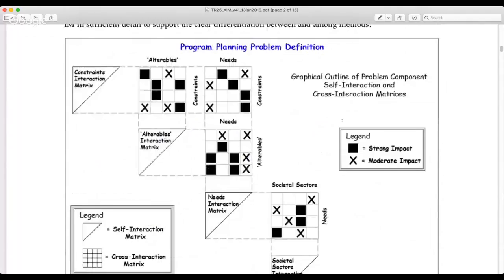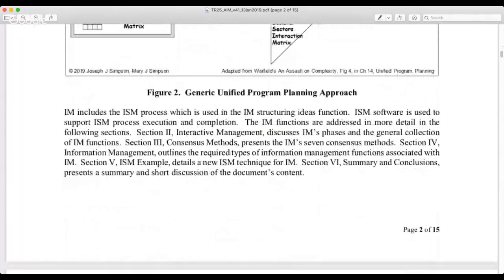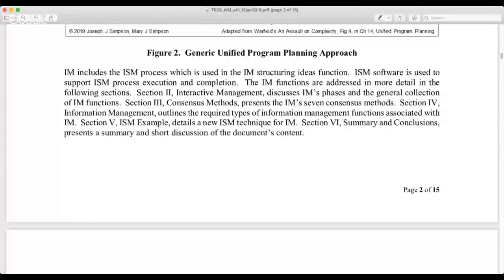So IAM includes the ISM processes, which can be used in the IAM structuring ideas functions. It's been my experience from communicating with people that are interested in structural modeling that there are many different methods and activities that are named ISM or IAM.